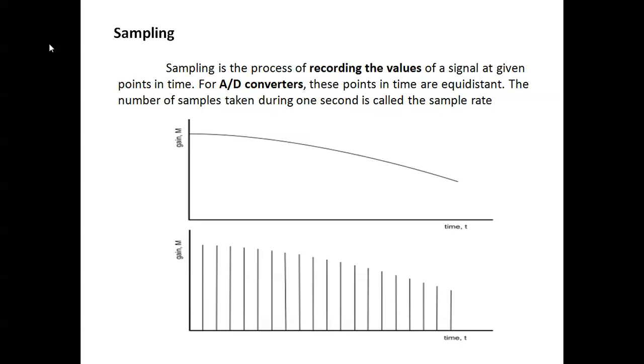So the first one is the previous example, the water tank, and the second one is the class attendance example. We have to convert the first graph to the second graph, that means analog to digital. How is it possible? First of all, we take samples from the first graph at a fixed time period.